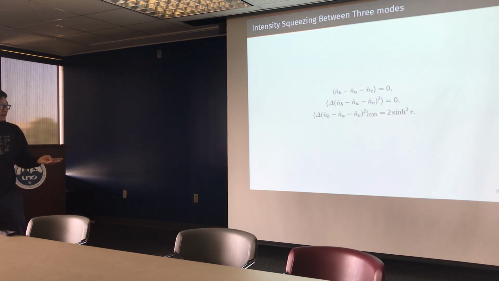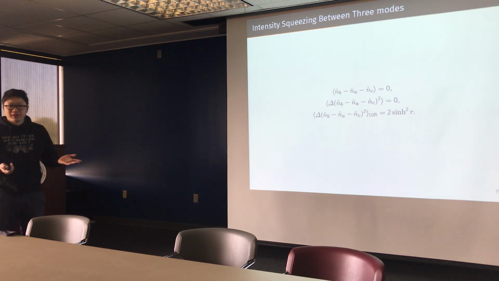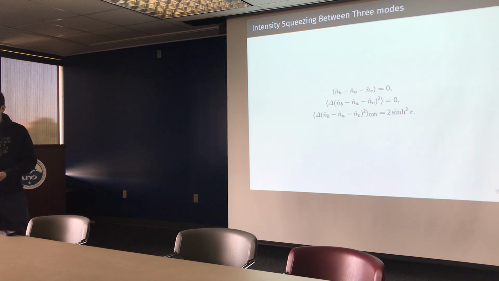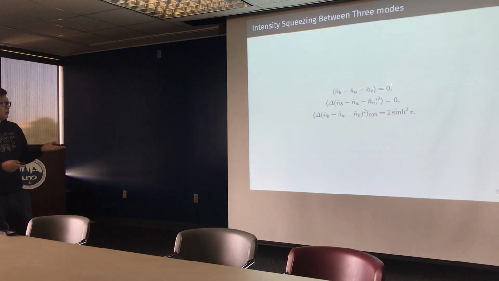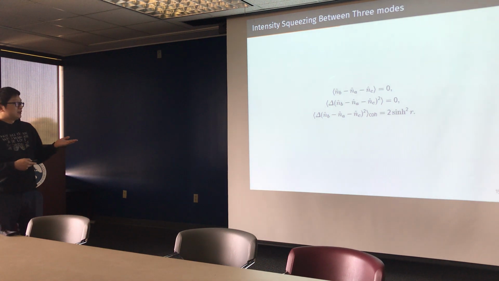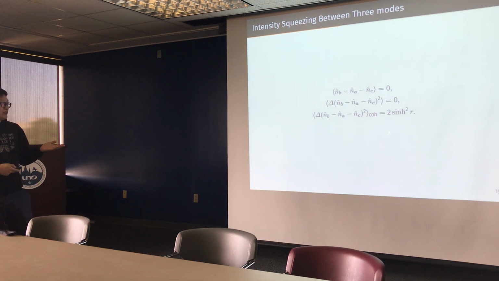So now we look at the number operator NB minus NA minus NC. So this operator experimentally corresponds to measuring the intensity of each mode and then subtracting the intensity of A and C from the intensity of B. So for this operator, the mean is 0 and the variance is 0, but the standard noise limit is that, not 0.